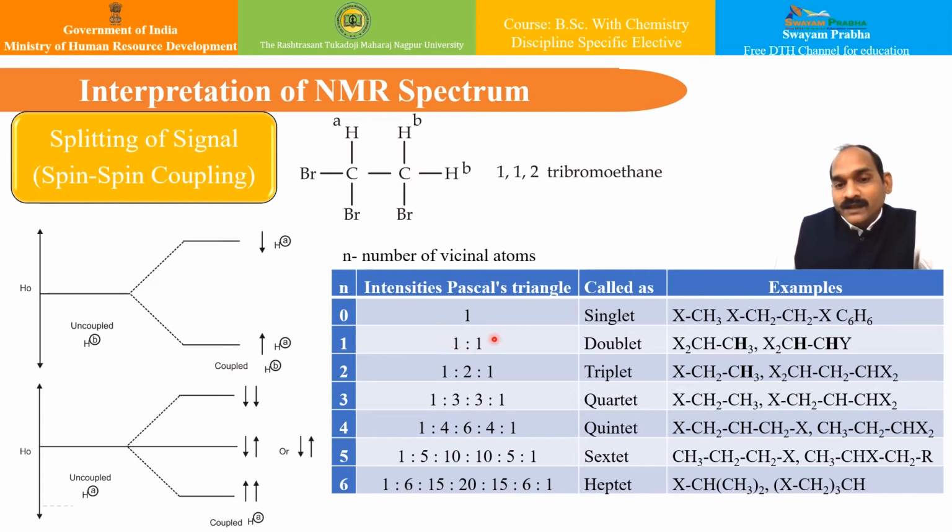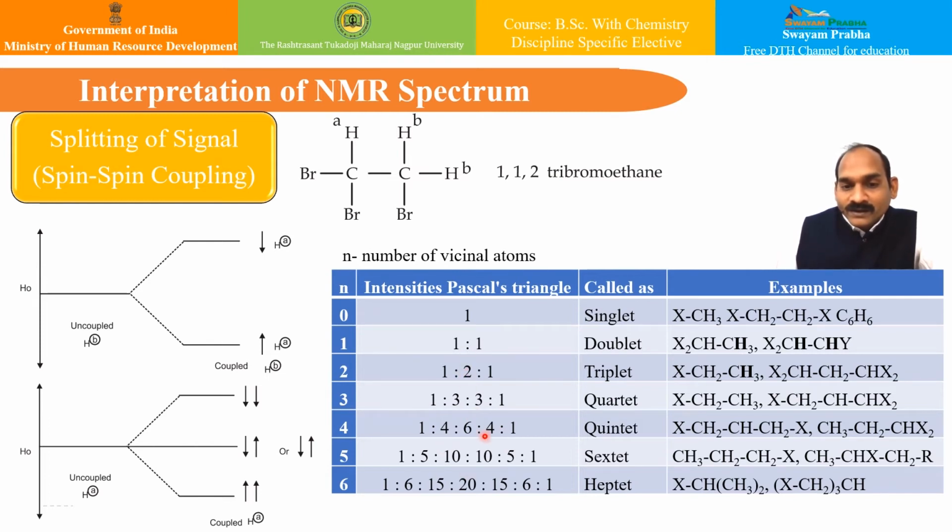When the proton is split due to two neighboring protons, it will be a triplet of the fashion 1:2:1. When it is split due to three neighboring protons, you obtain a quartet. Similarly, you can obtain quintet, sextet, and heptet.